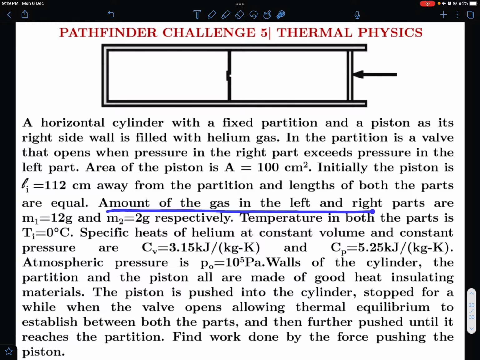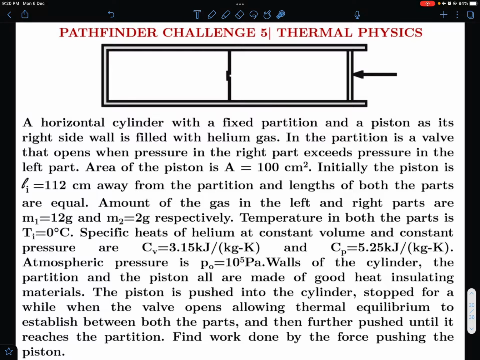The amount of gas in the left and right parts are 12 gram and 2 gram respectively. M1 is 12 gram, so this is M1 which is 12 gram, and this is M2 which is just 2 gram. I'll not give you any hint, so you can think about it.